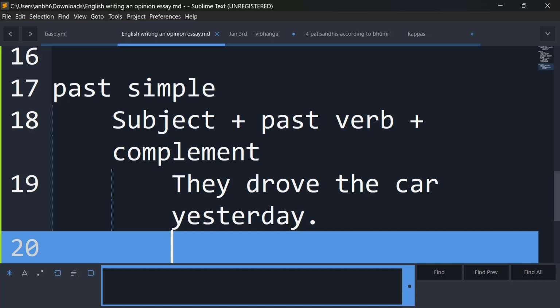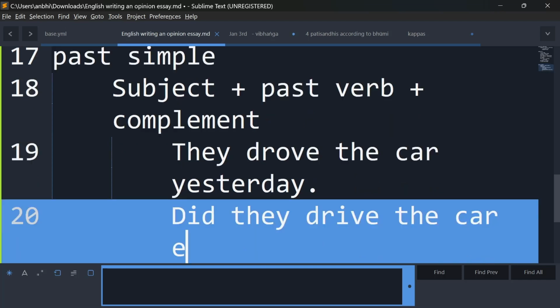Drove the car. Okay, now we make it a question. Or let's make it a negative first. How do you do negatives in the past simple? Yes, you need did. It's the past of do. So did they, okay, you invert. Did they drive?